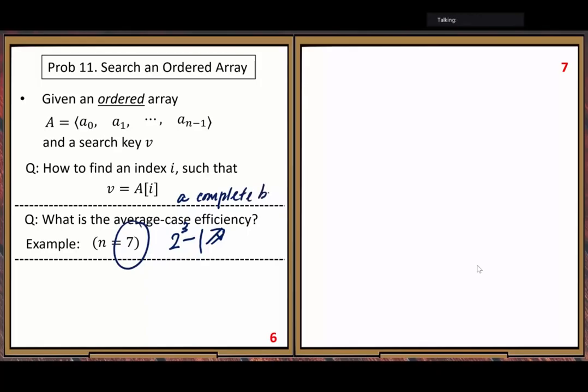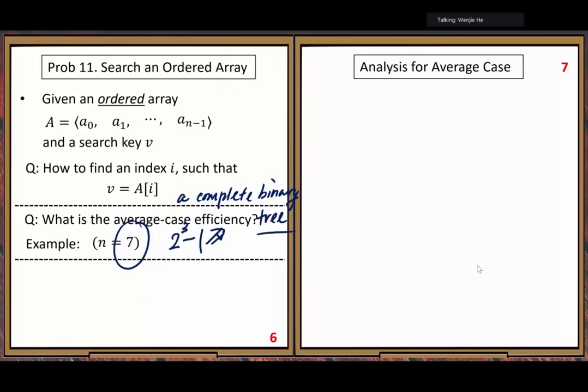Complete binary tree. What's the meaning of complete? All the levels are full. When you draw a binary tree, you have many levels, right? So all the levels are full. We will see that quickly.